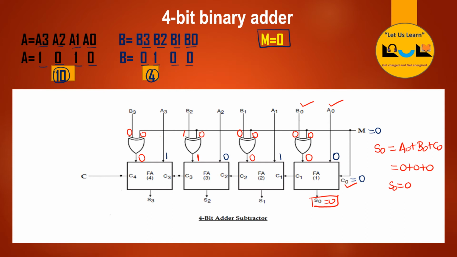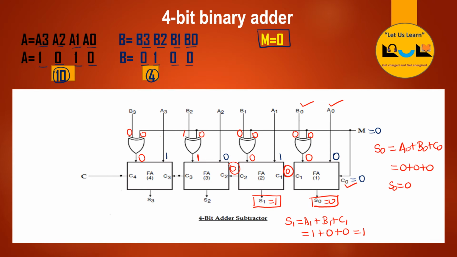So here we get the carry also as 0. Next we are going to find S1. S1 is equal to A1 plus B1 plus C1. A1 is equal to 1, B1 is equal to 0 and C1 is equal to 0. If we add this, we will get 1. Therefore S1 is equal to 1 and the carry is 0.